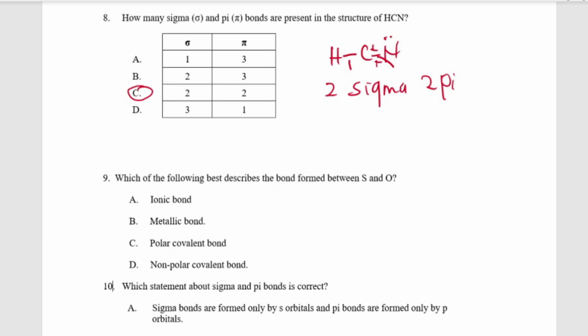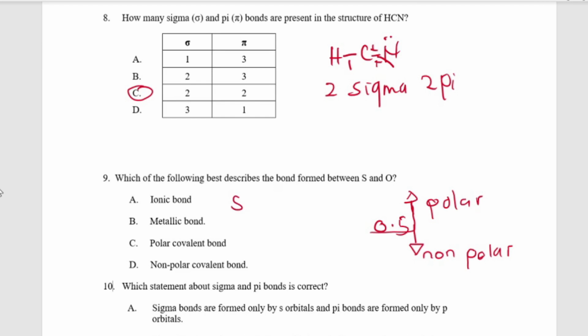And we have to find out the electronegativities for both atoms. And if the difference between the two electronegativities is below 0.5, that means it's a non-polar. And if the difference is 0.5 or above, that's a polar covalent bond.